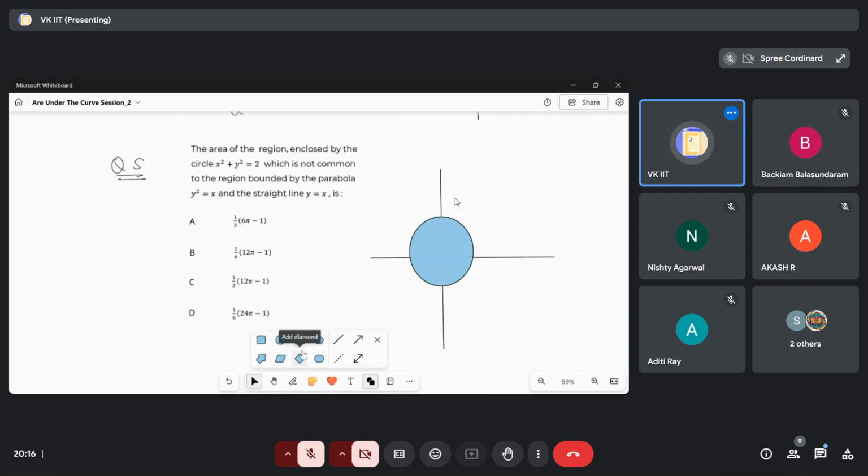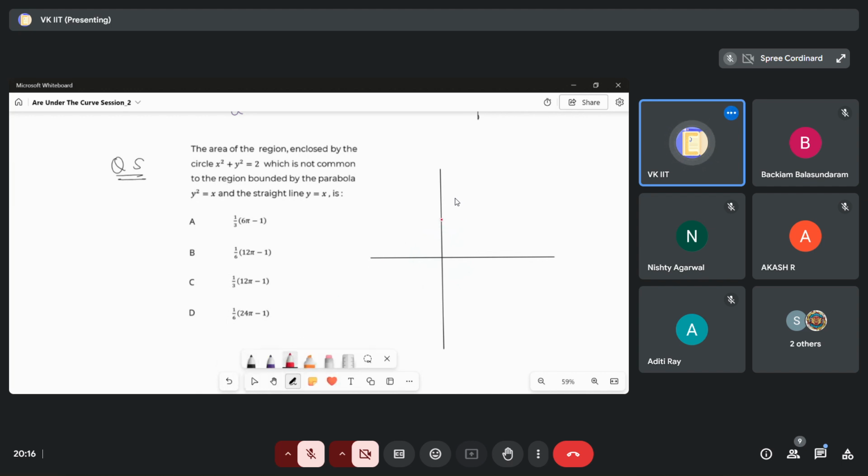Okay, this is the circle given. But the problem will be how will we understand the region? Okay, let's draw that with the hand.